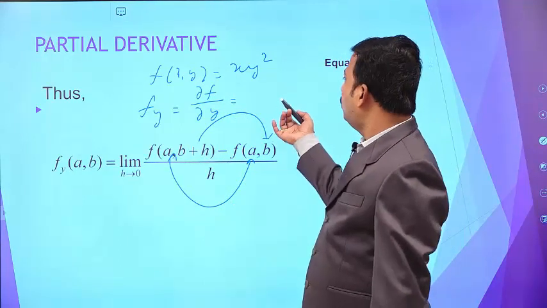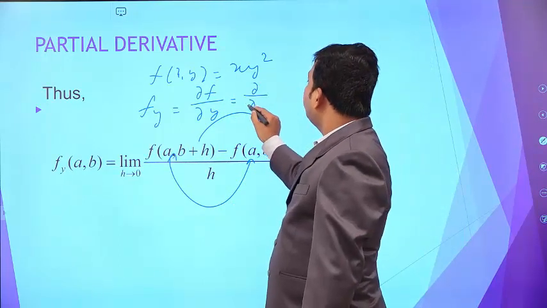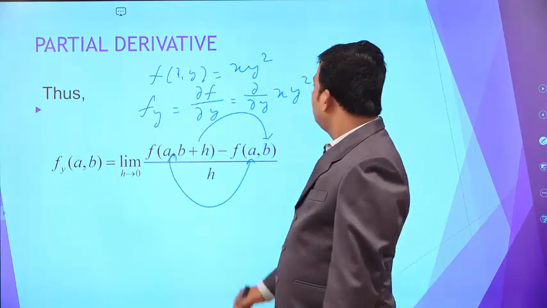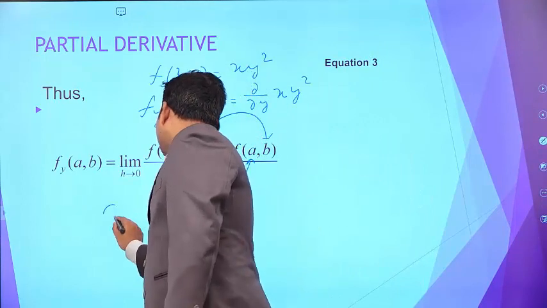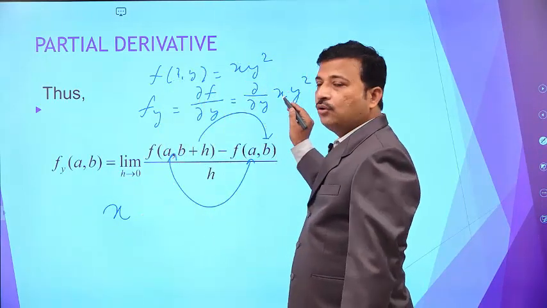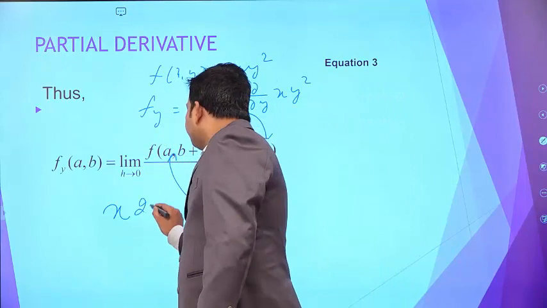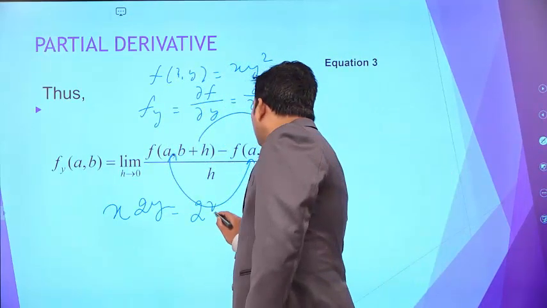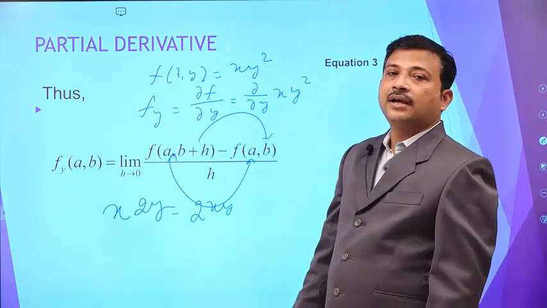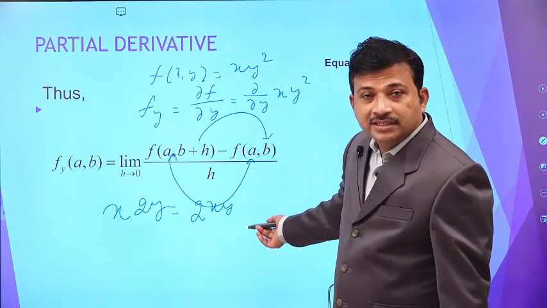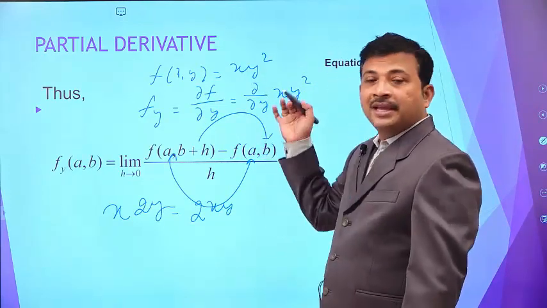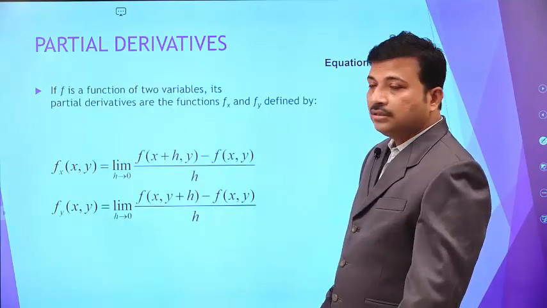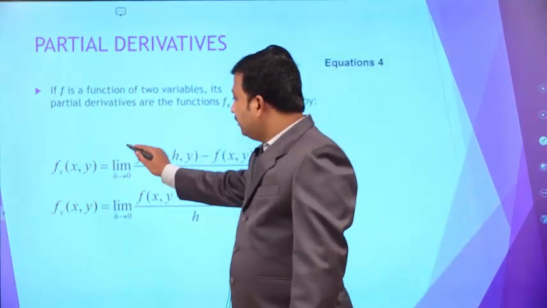So dou by dou y of x y square. x is constant, take it outside. Dou by dou y of y square is how much? 2y. So what we got is 2xy. That is the answer. What we have done is differentiation with respect to y, keeping x as a constant.